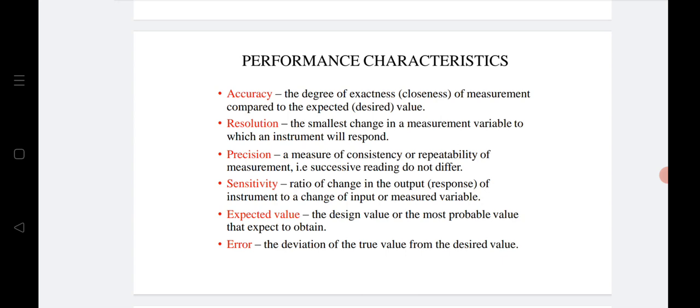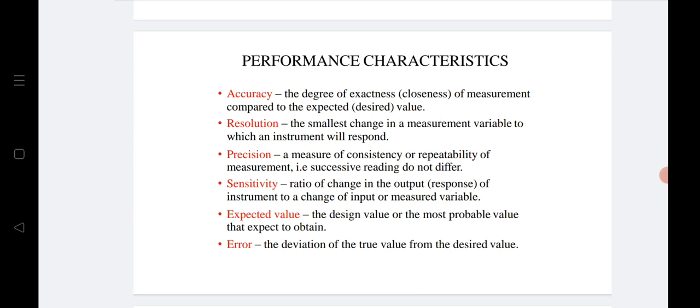Accuracy is the degree of exactness, the closeness of a measurement compared to the expected desired value. If I say it is 1 kg, am I getting exactly 1 kg, or something less or something more?